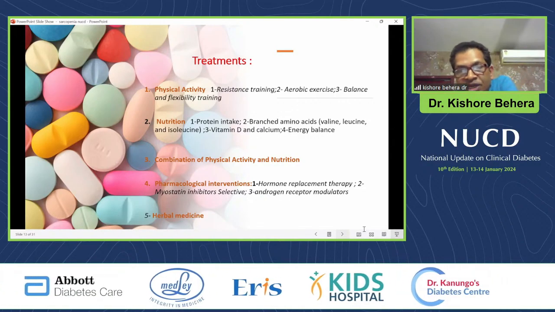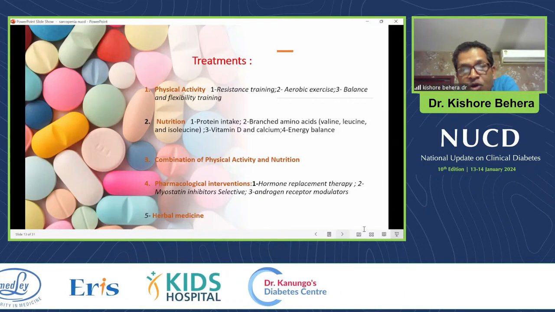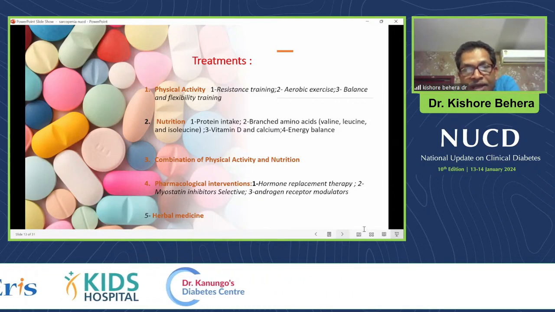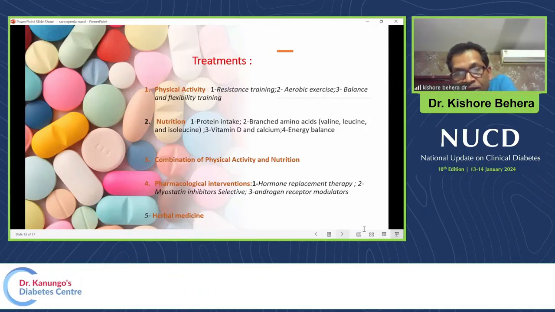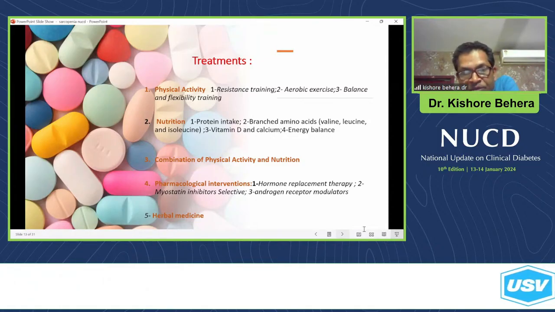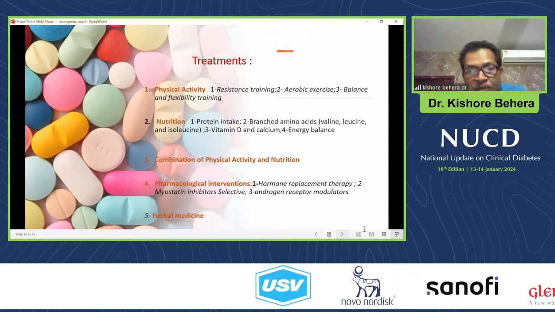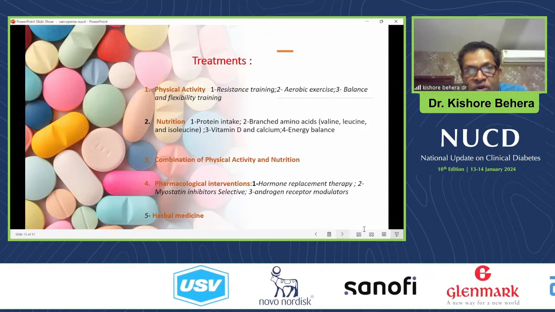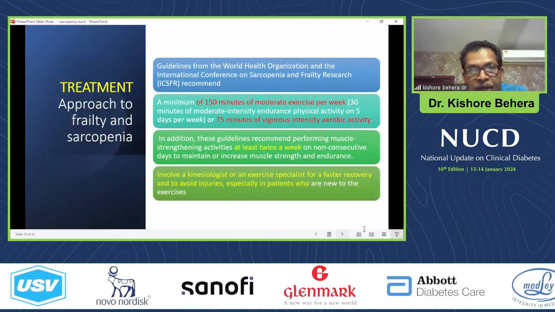They usually increase muscle strength, but not the mass. The combination of physical activity and nutrition does best. And there are some investigational drugs like myostatin inhibitors, all of which will be discussed in the subsequent slides. And there are some herbal medicines also helpful for the treatment of sarcopenia.